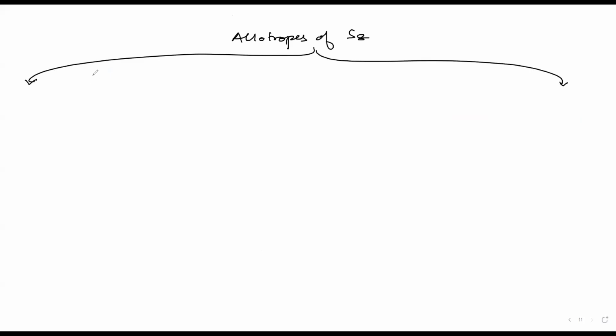In allotropes of sulfur, now there was one point. Did I tell you about rhombic and monoclinic sulfurs? No, sir. Okay, so write. Allotropes of sulfur. There are two types. Sulfur can be formed as rhombic, you remember from solid state, and there is one monoclinic sulfur.